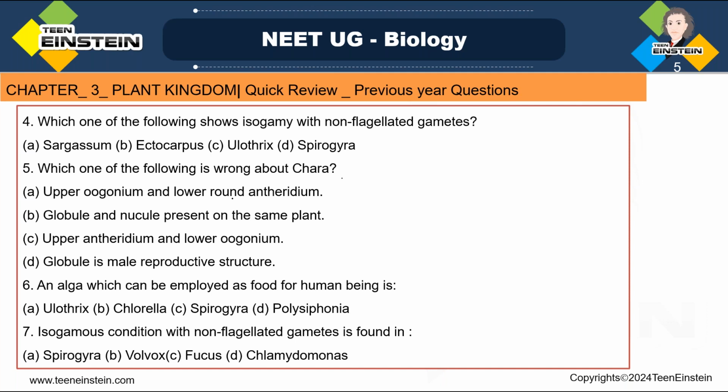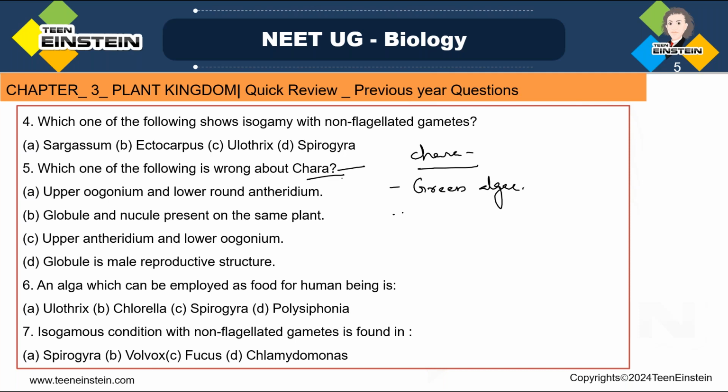Okay, so what is this Chara actually? Chara is a green algae, and that is found attached to the bottom of shallow water ponds, pools or lakes, in such water bodies, right?